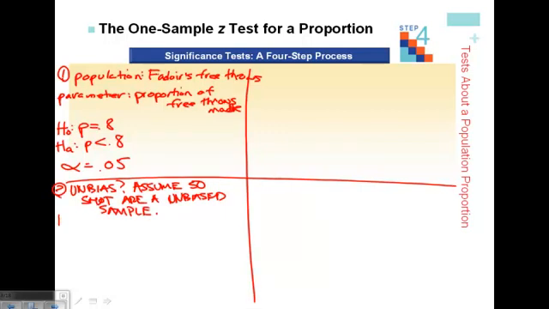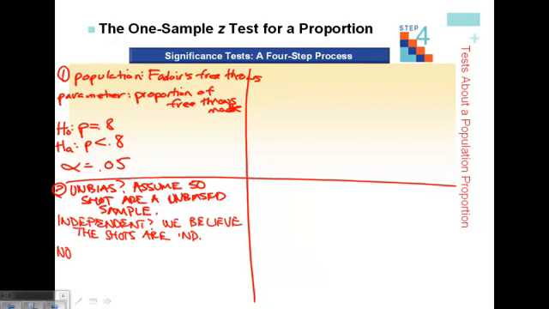Second condition was independent. We believe the shots are independent, meaning that a shot being made earlier doesn't affect the probability one way or another of the next shots going in.